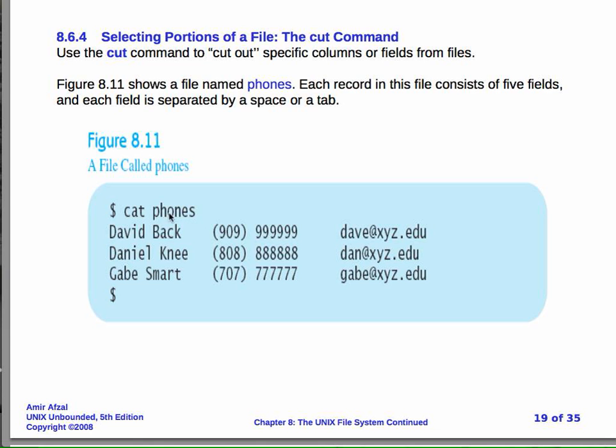Or if you want to look at all the last names in a file, you can do that. Or if you just want to extract all of the telephone numbers or emails, and I'm just using this as an example, and that's what the book uses too. So cut is used to extract essentially columns of data in a file.